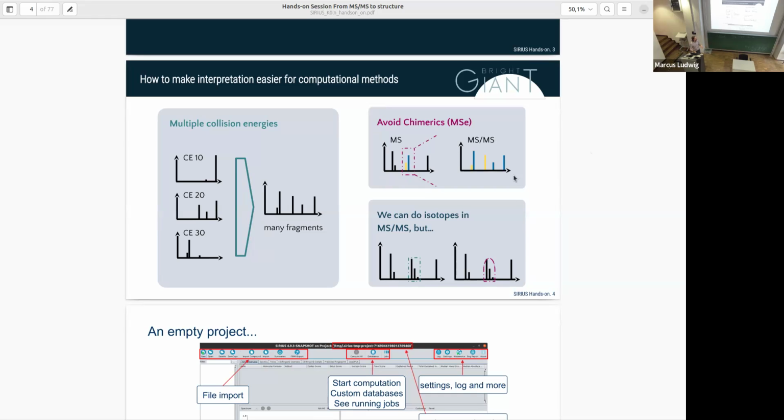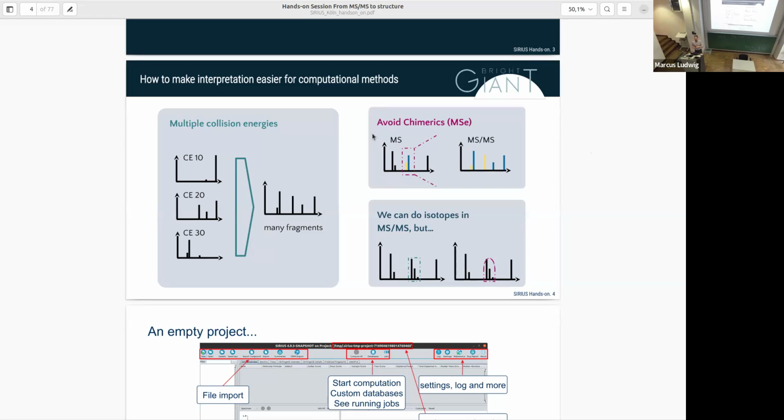Also, then the thing about DIA measurements or MSE. Sirius is designed to annotate a single compound at a time. So we need a clean spectrum of this compound. This is what Sirius is expecting, that all the fragment peaks in the spectrum are just from one compound.